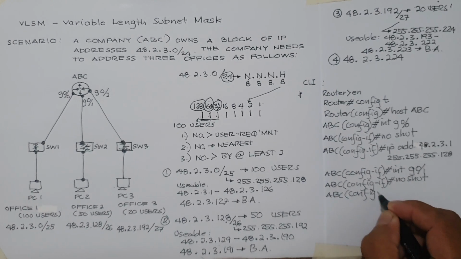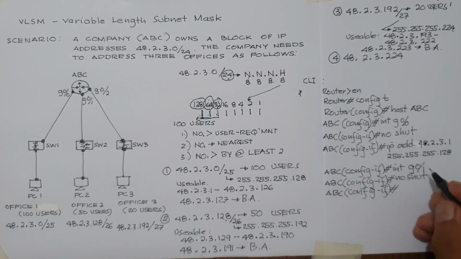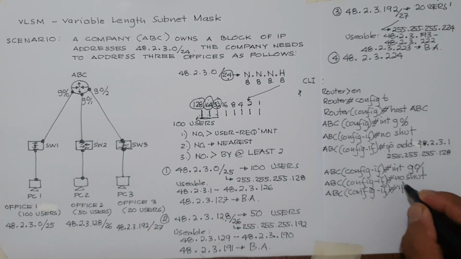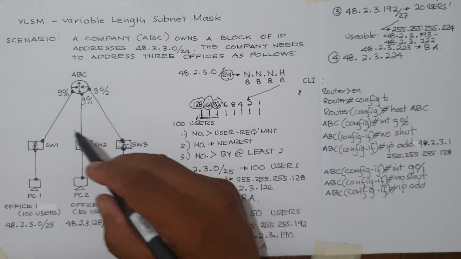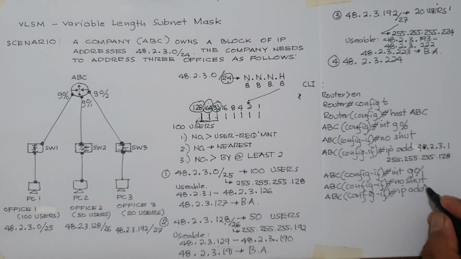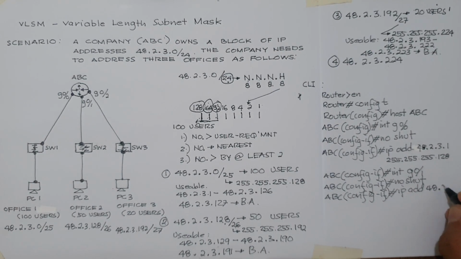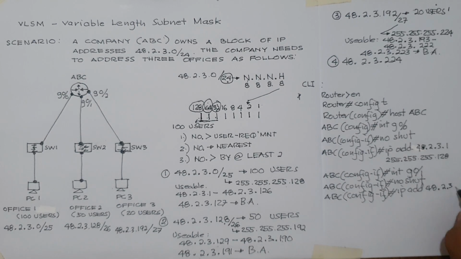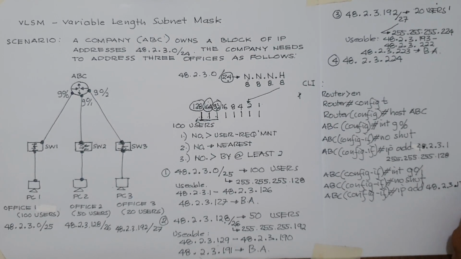And then we also issue the IP add for this interface, and that is the default gateway of all the PCs here, which is this first usable. So IP add 48 dot 2 dot 3 dot 48.2.3.129.